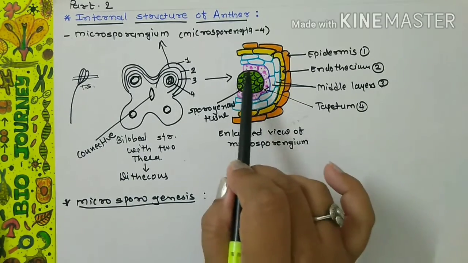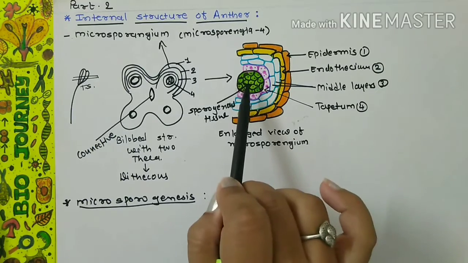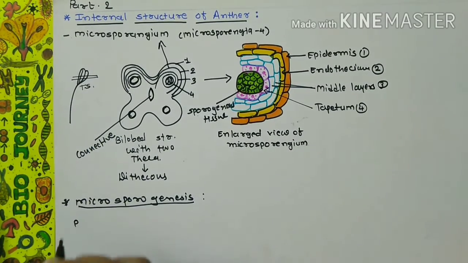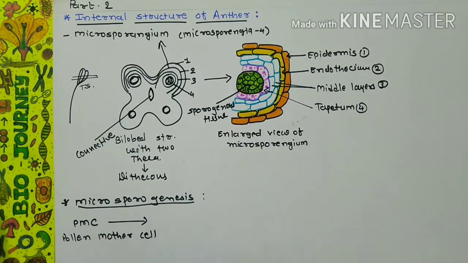Here you can see many cells compactly arranged in this center region. If we take one cell, that is the PMC, meaning pollen mother cell. I am taking only one cell here.